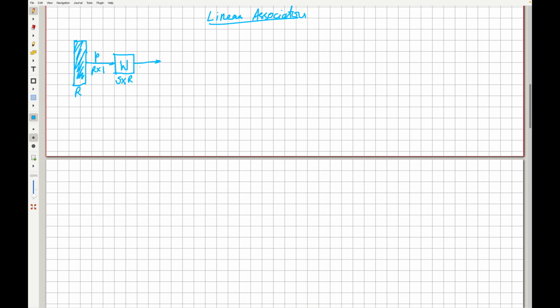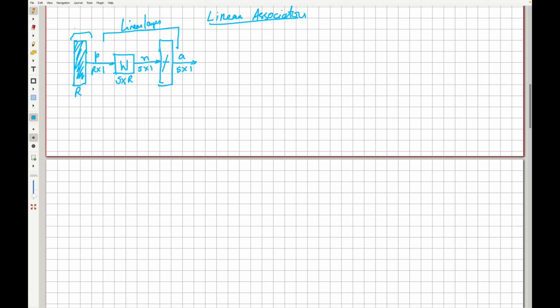The output of that is the net input that goes into a transfer function such as a purelin, and that can again be drawn as a box as we see here, and then the final output is the output of the neuron, which would be of shape S by 1. So this part right here is our linear layer.